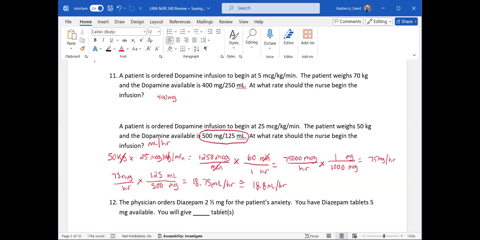I have a different way to set it up. I did 5 micrograms times 70 times 250, divided by 400,000, when I convert 400 milligrams to micrograms.